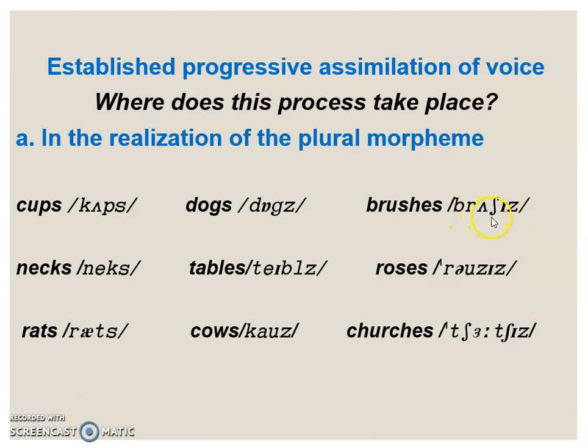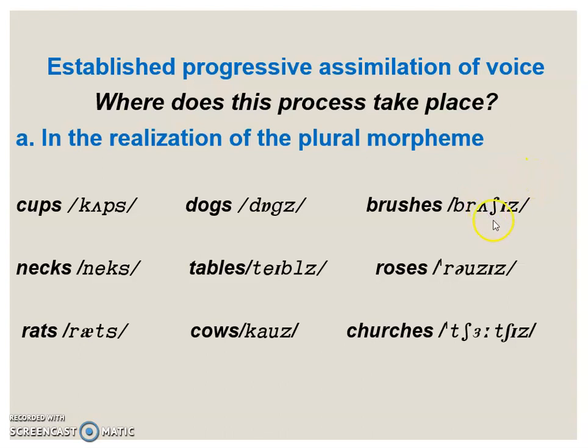Because the last sound of the singular noun is a sibilant sound. Sibilant sounds have a hissing component in their nature. They are what we call in Spanish silbidos. They are s, z, sh, j, ch, and j.